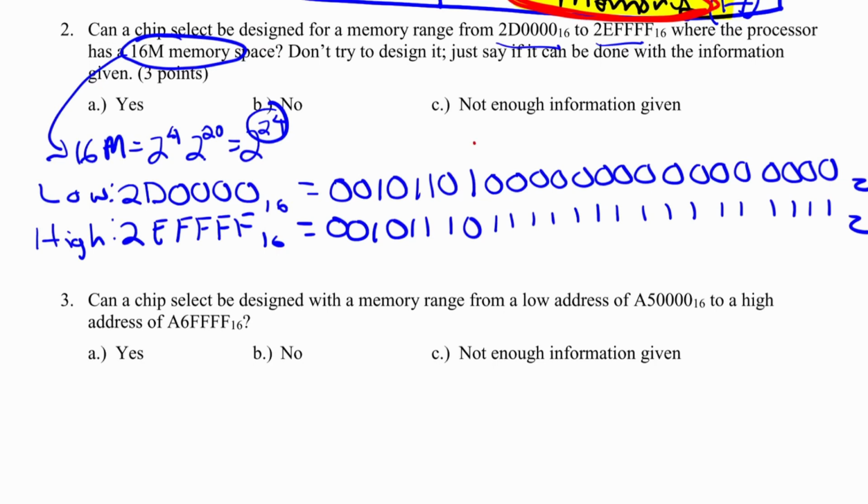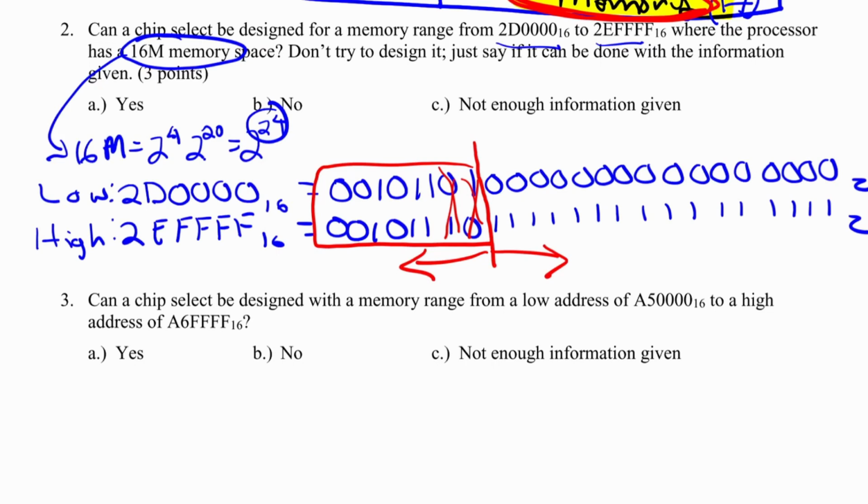Now it looks like we should be able to draw our line here so that we can separate the memory bits from the chip select bits. But there's a problem. Remember, the chip select bits have to stay constant all through the range from low to high. And it turns out we've actually got 2 bits here that swap. The least significant bit position for the chip select goes from a 1 to a 0.